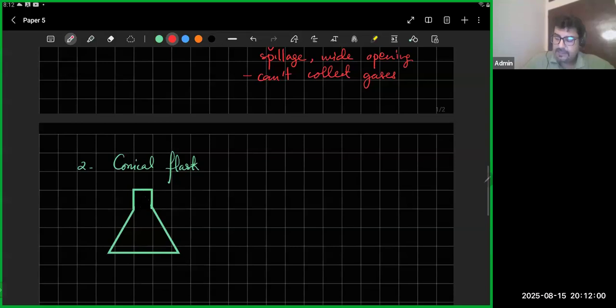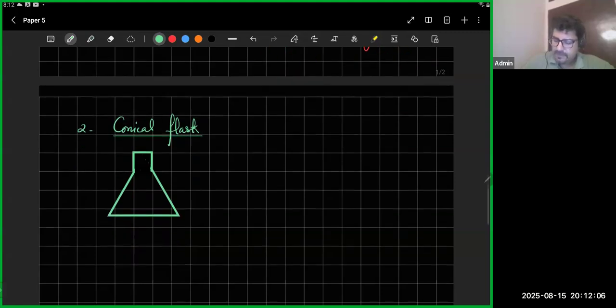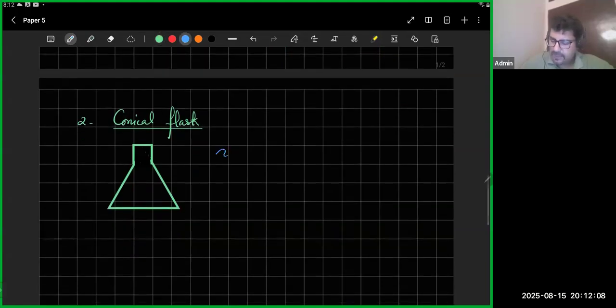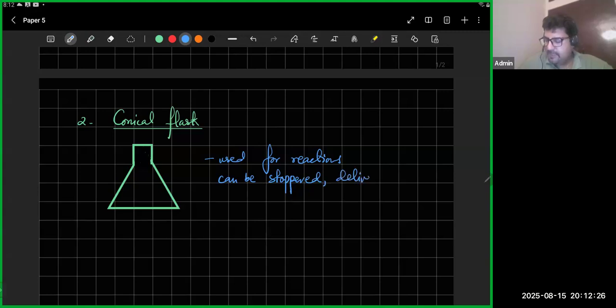It's normally used for reactions. This thing over here specifically is used for reactions. Why? Because it can be stoppered. Delivery tubes can be attached to collect gases.